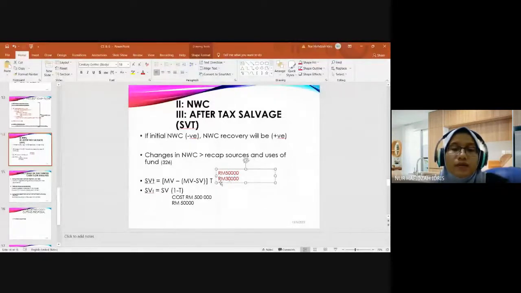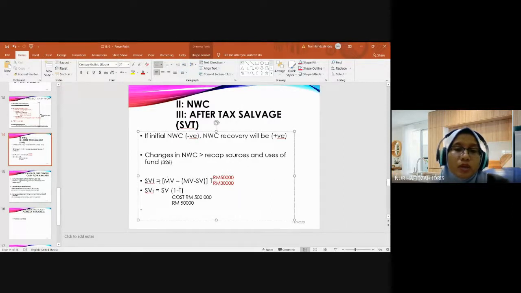So in order to find after tax salvage, we will use this formula. Again, for the after tax salvage, we have two formulas. Whether you use MV less the difference between MV and SV, where MV is the market value and SV is the salvage value, or we will apply this simple formula.